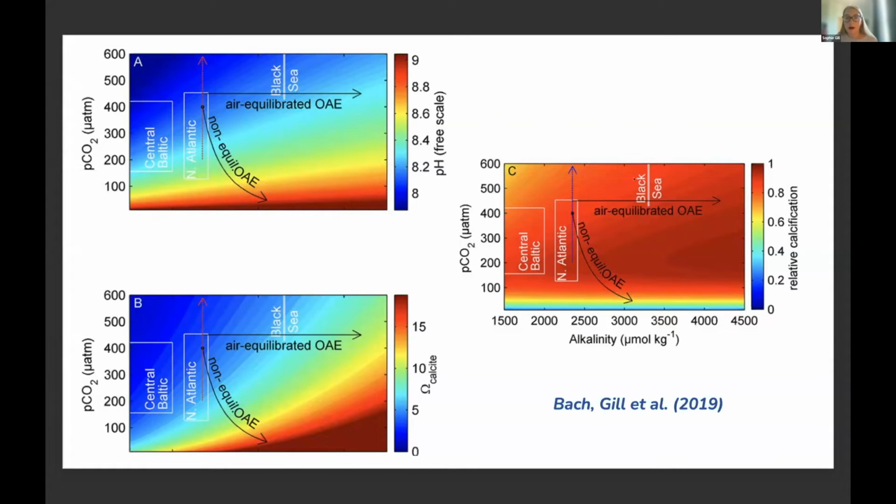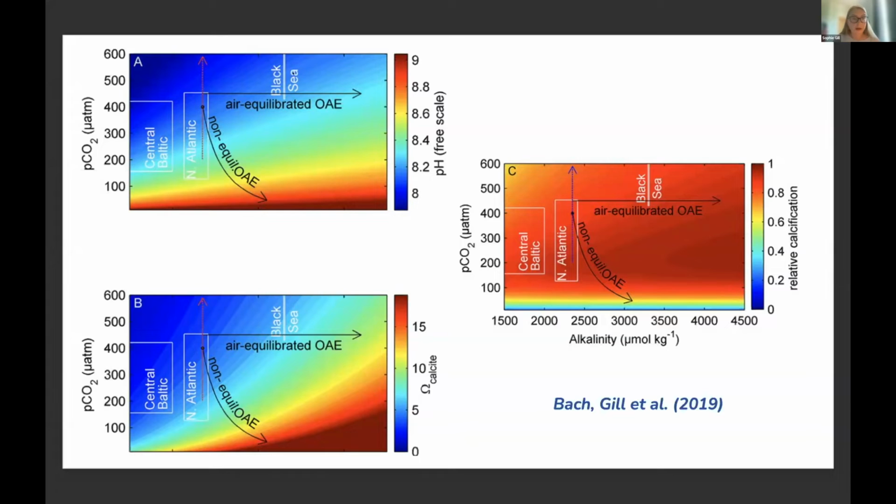This graph on the right shows some predictions we made about relative calcification of Gephyrocapsa oceanica, where we saw that under air equilibrated OAE, we might expect increased calcification, and under non-equilibrated OAE, we might see a decrease. Gephyrocapsa oceanica is a coccolithophore, by the way, which I didn't actually mention. This is calcification sensitivity of Gephyrocapsa determined in experiments and fitted to Leonard's coccolithophore calcification model.